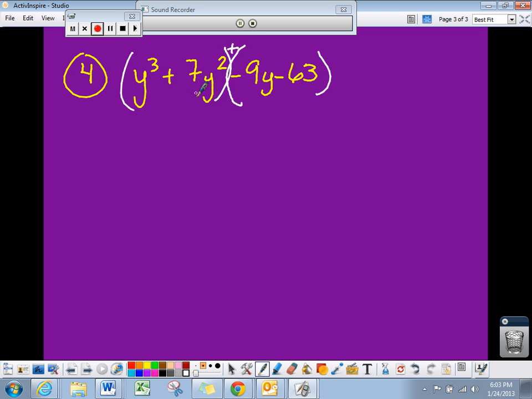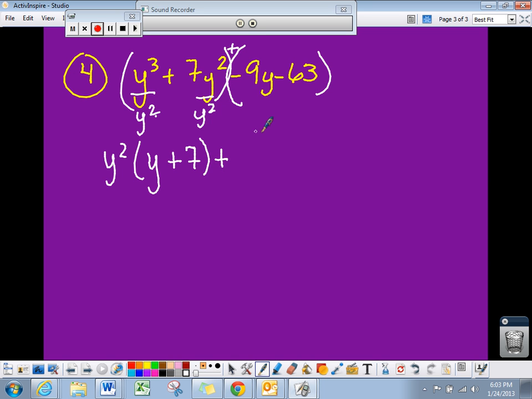Our GCF here is y to the second. So we put the y squared out. Y cubed divided by y squared is going to give me y, because 3 minus 2 is 1, plus y squared divided by y squared is 1, and we're left with a 7.